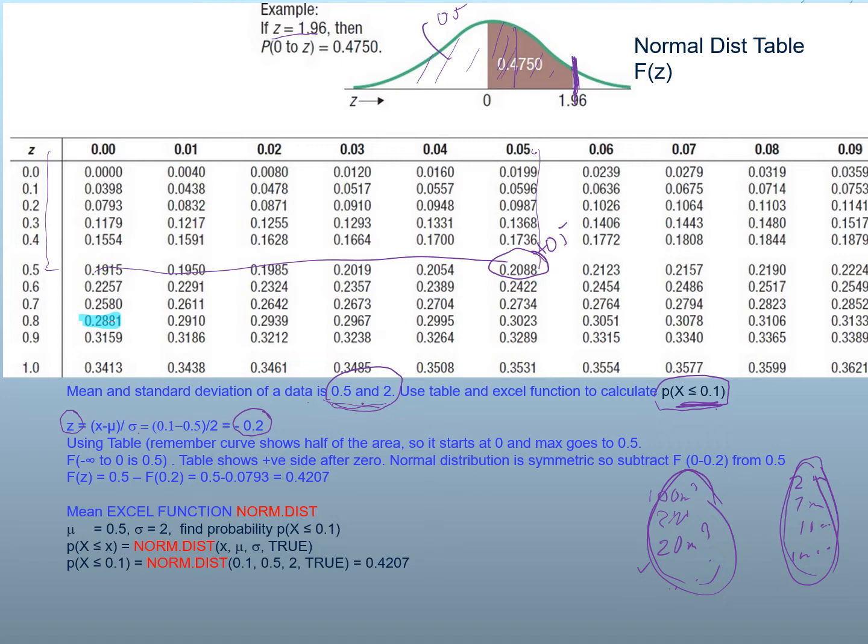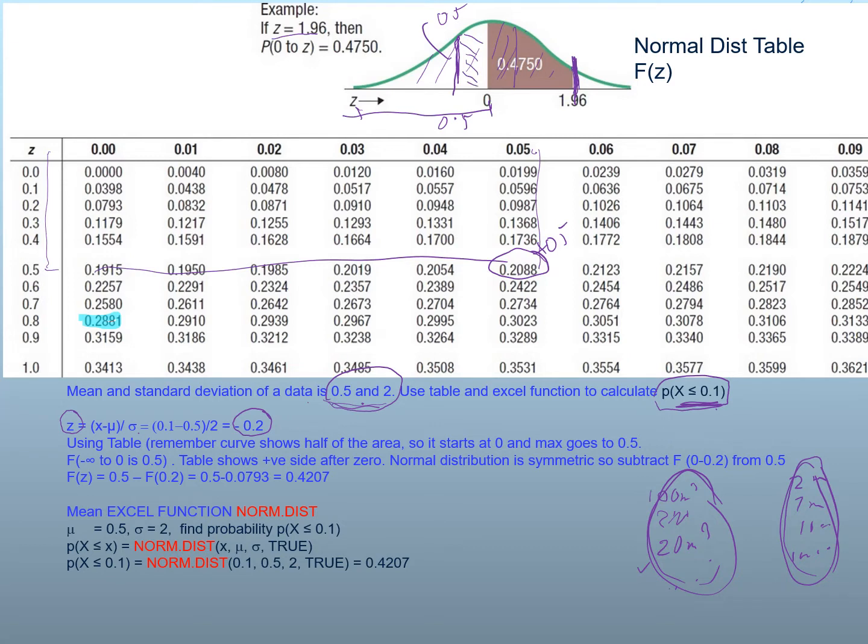Now in this problem we want to find out when z is minus 0.2, not plus. So when it is plus, we read the table and add 0.5, but when it is on this side, that means from here to here the area is 0.5, we know, but we need to deduct this part, right? How do we deduct this part?